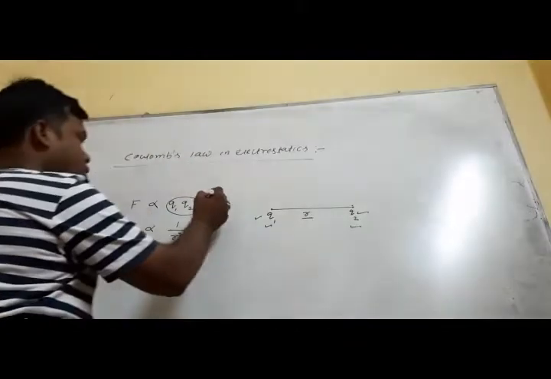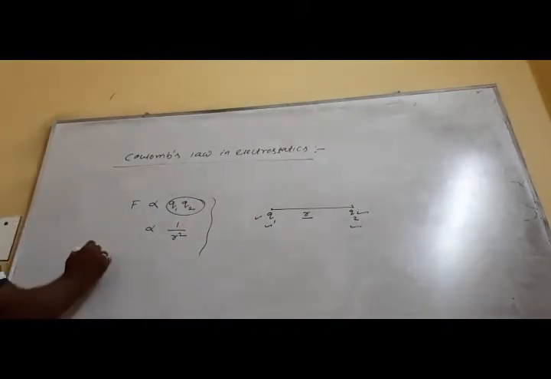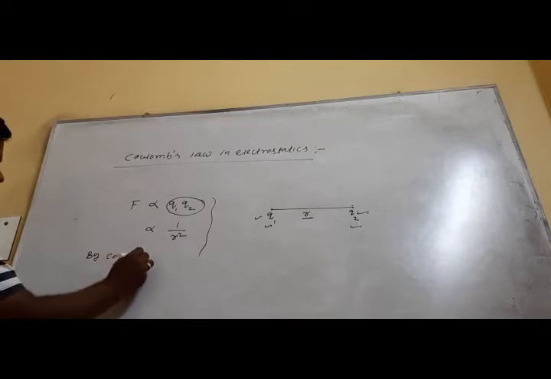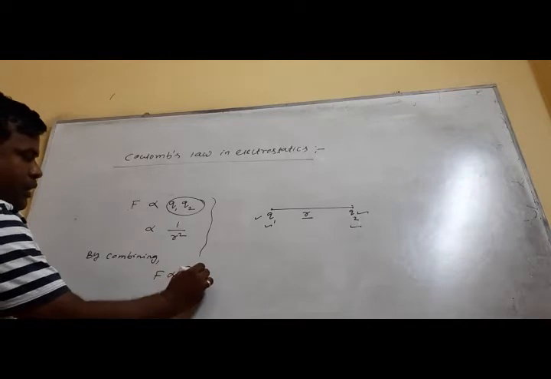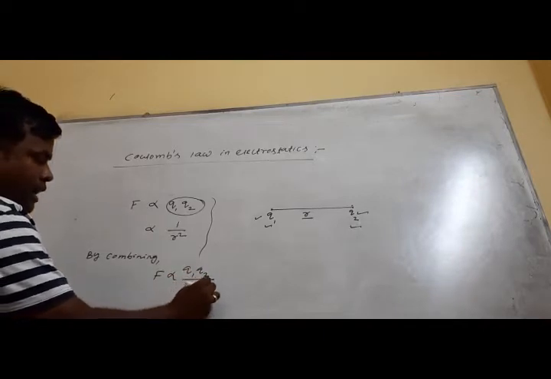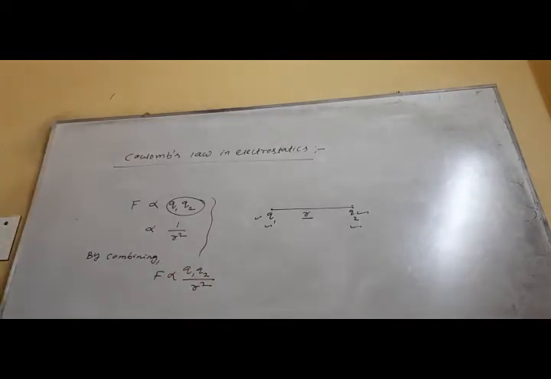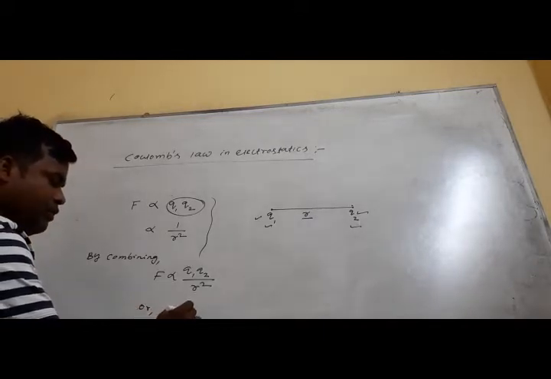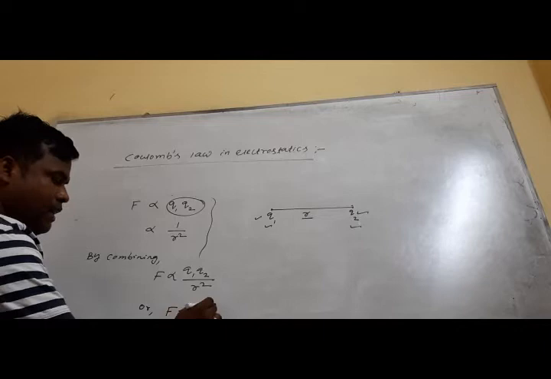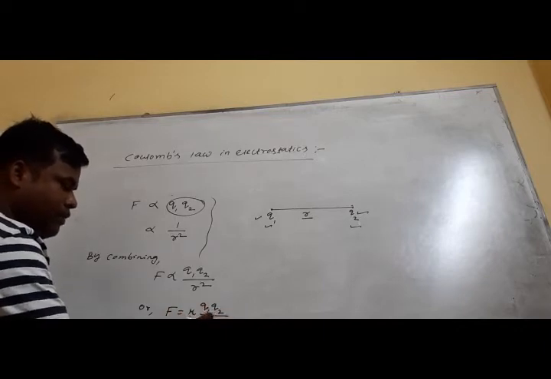When you combine these two, we will get F proportional to Q1 Q2 by R square, or F is equal to k Q1 Q2 by R square.